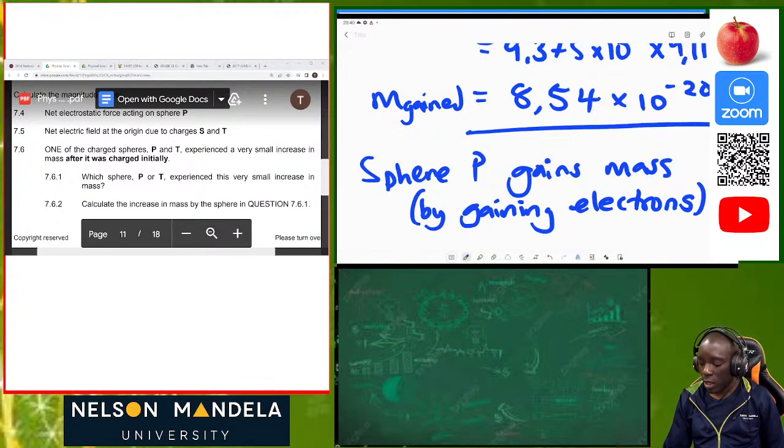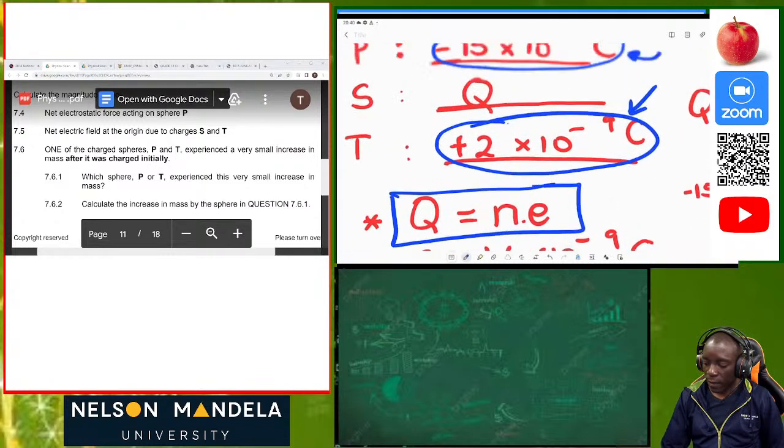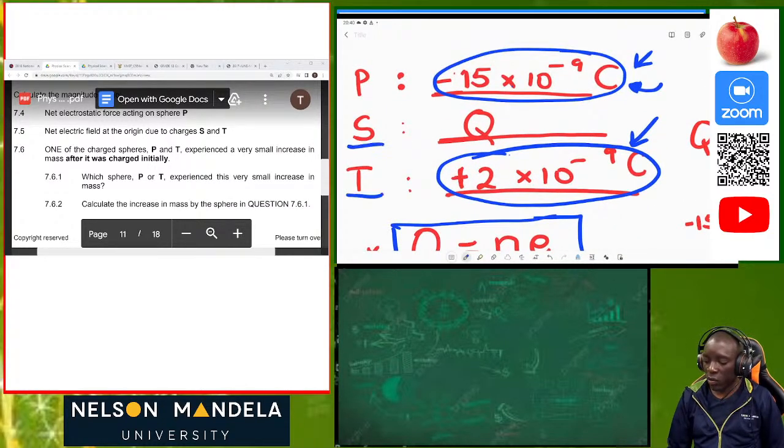In the other case, the sphere T after contact tends to have a charge of -3 times 10 to the -9, which means electrons will move away from sphere P. More electrons will move from sphere P onto sphere T and sphere S. So the other two spheres, S and T, after contact, will gain more electrons such that they all get to a charge of -3 times 10 to the -9 coulombs.